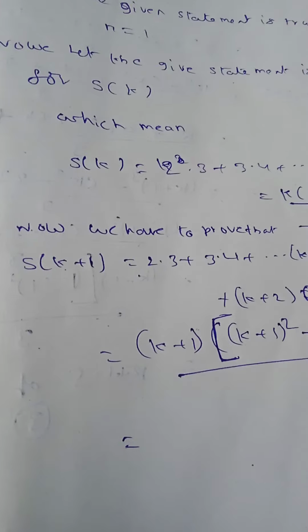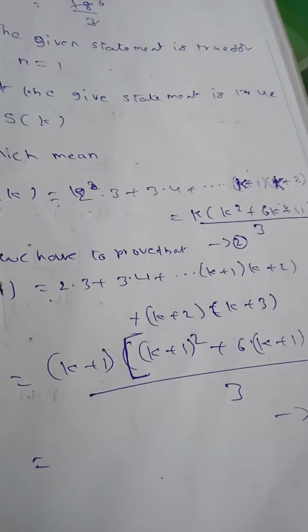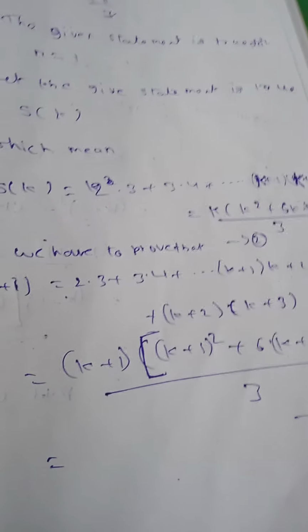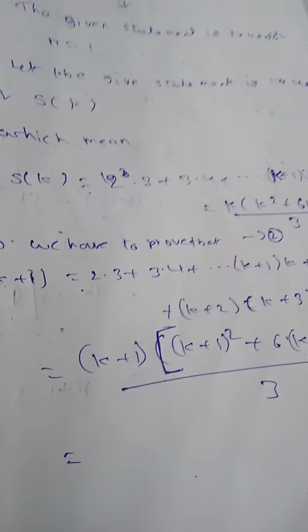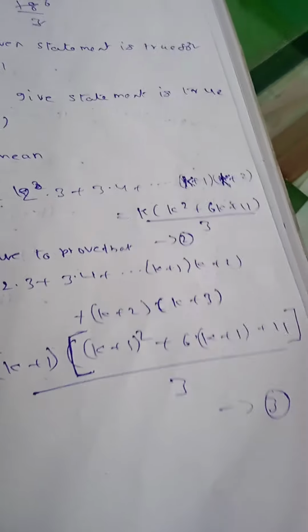Now we have to prove that S of k plus 1 equals 2 into 3 plus 3 into 4 plus and so on up to (k plus 1) into (k plus 2) plus (k plus 2) into (k plus 3) is equal to (k plus 1) into ((k plus 1) whole square plus 6 into (k plus 1) plus 11) whole by 3.